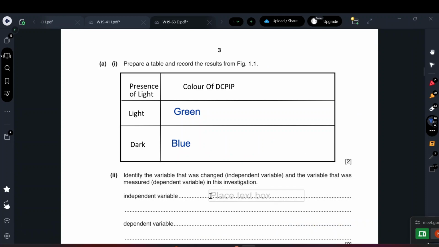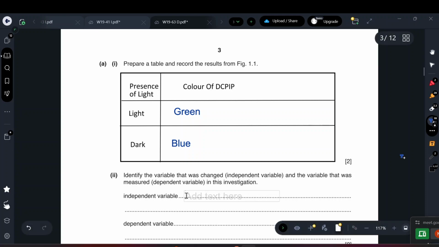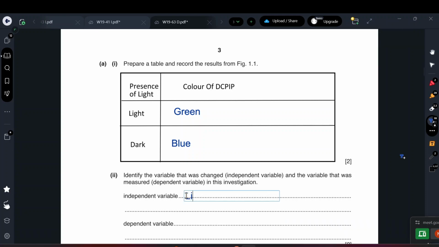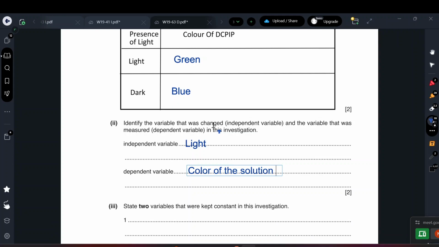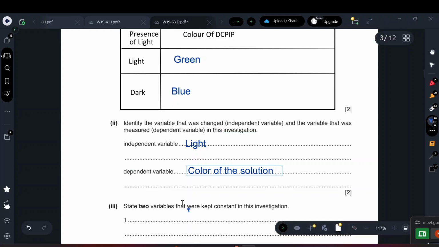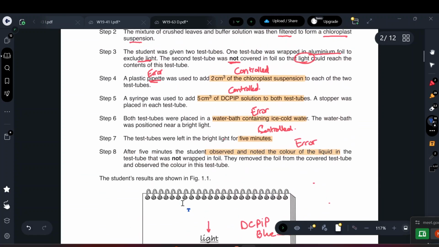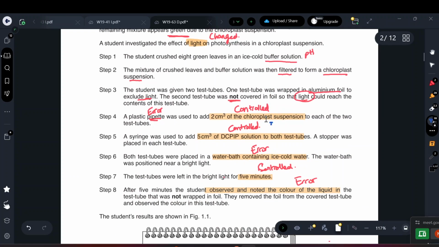What was the variable changed? Independent. And what was the dependent? Independent was the light. This is what I changed. The dependent was the color of the solution. If it changed to colorless, the green color will appear. Okay? So what were the variables kept constant?